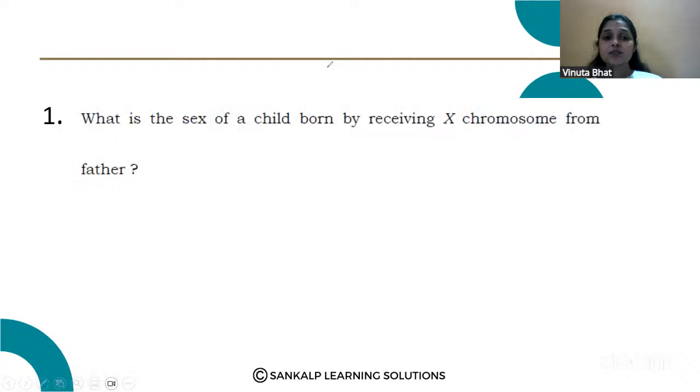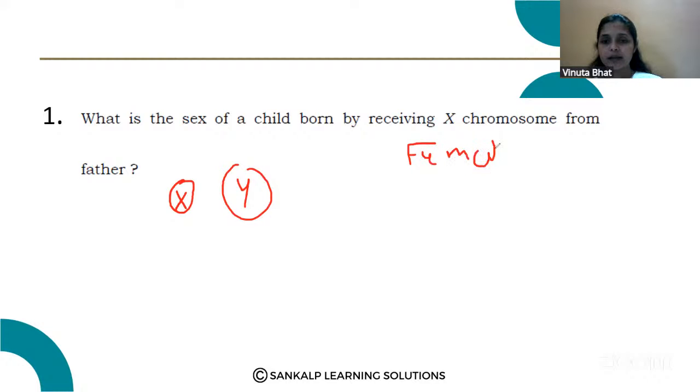What is the sex of the child born by receiving X chromosome from the father? From the father, the male gametes contain X chromosome or Y chromosome. But in females, the egg always contains X chromosome. There is no Y chromosome, only X chromosome is always present.